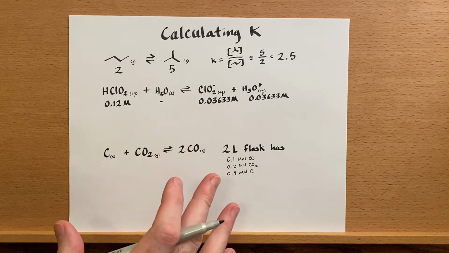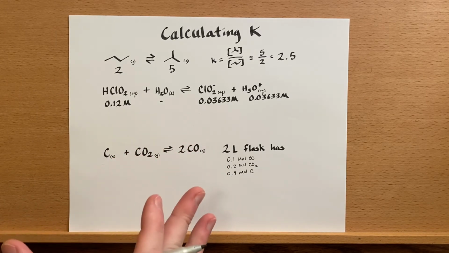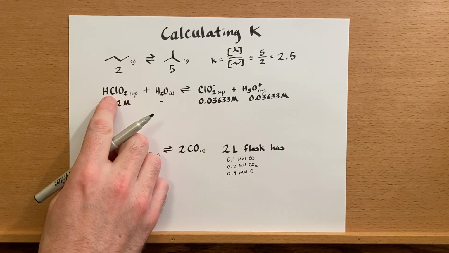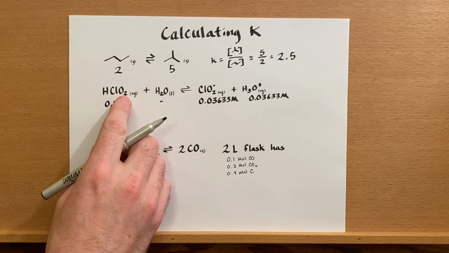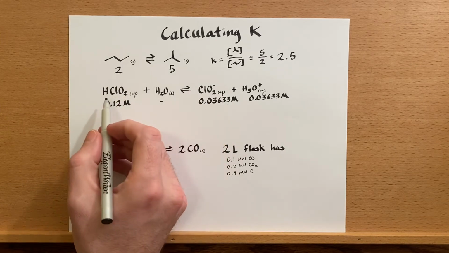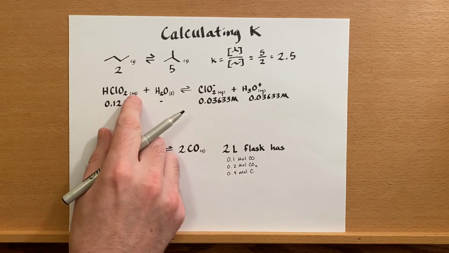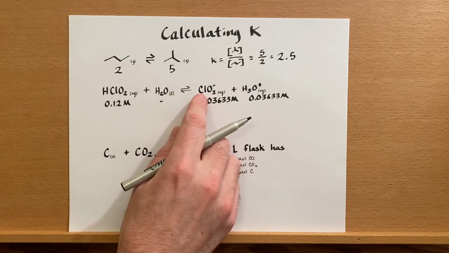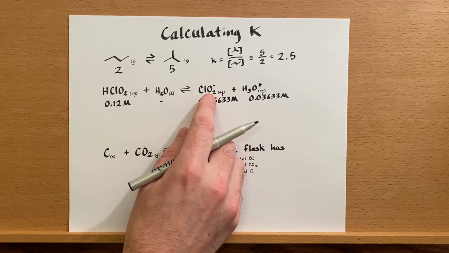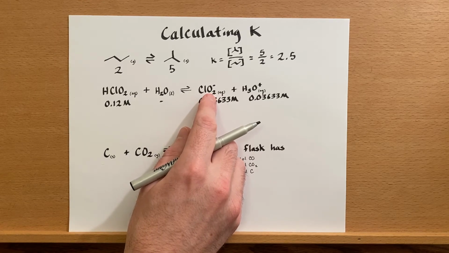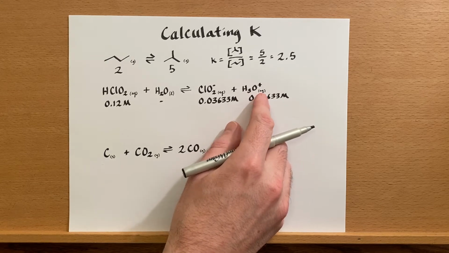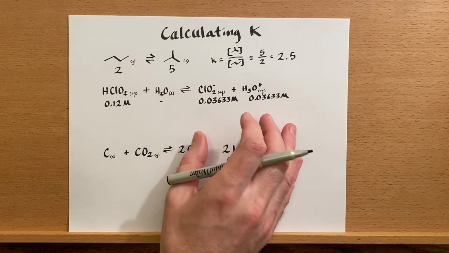For our second equation, we have the Ka expression for this acid, which is chlorous acid. So HClO2. Now that's aqueous. We have it reacting with water, and that's making chlorite and H3O plus, or H plus in water.